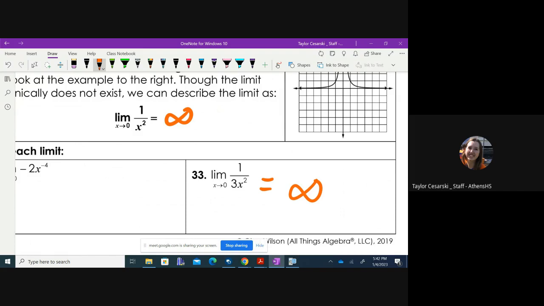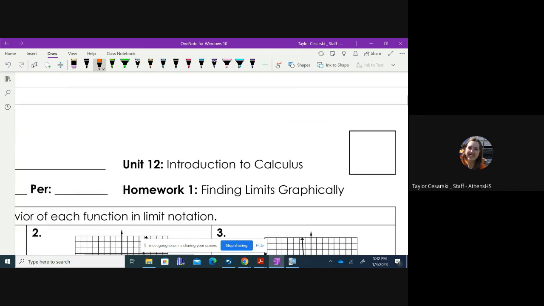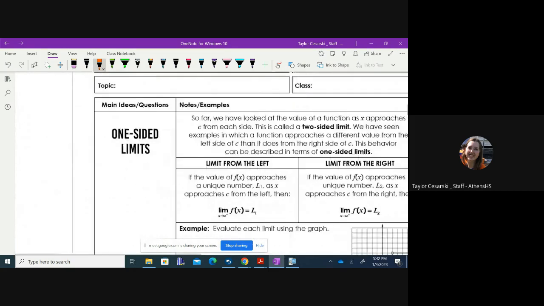We're going to talk about one more thing today, which we've touched on a little bit already, and that's one-sided limits. I want you to flip to the page that says one-sided limit.